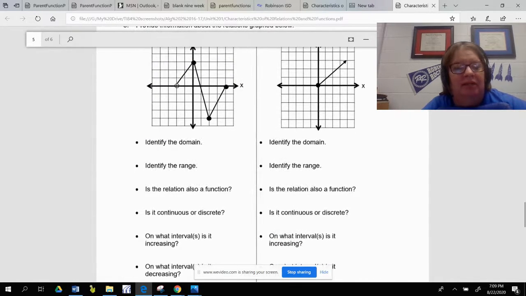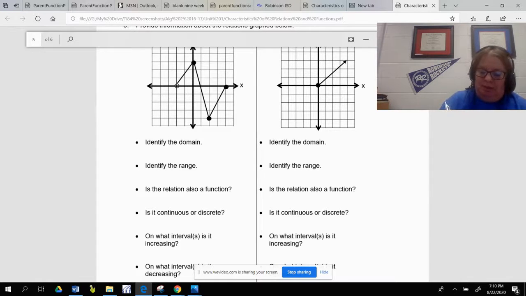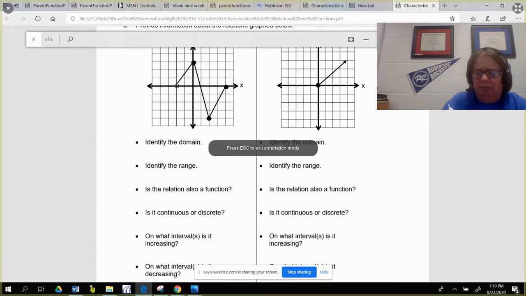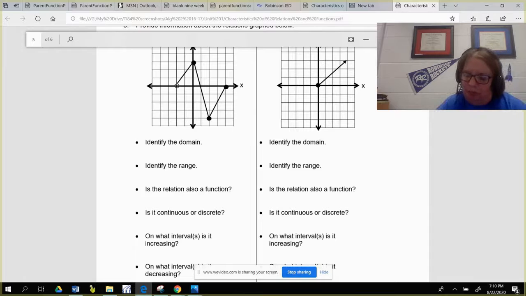It says first, identify the domain. Domain means the x values. Okay, x values mean how far left and how far right. If we look at this one, it helps often if you will label these points. So that point that's furthest to the left, the one with the open circle, is -2, 0.